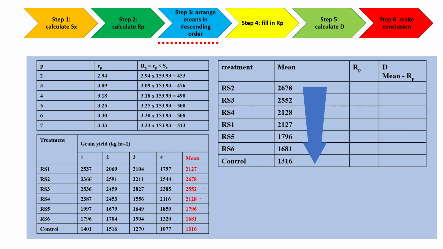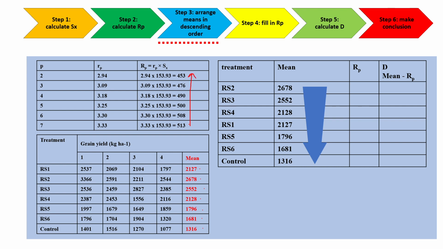Once you have filled in everything in the descending order, you need to fill in your RP. So the RP is this number that you have calculated over here. Remember, when you fill in, it needs to be in descending order also, from largest to lowest.